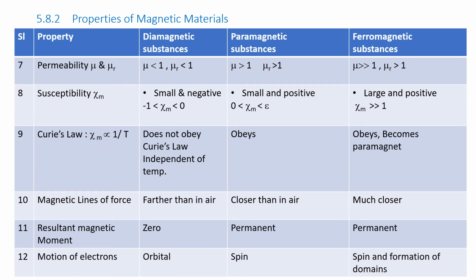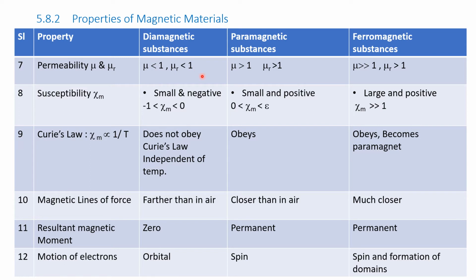Property number 7, permeability. We will see the absolute permeability and relative permeability of diamagnetic substances. The permeability of a diamagnetic substance is less than 1, and relative permeability is also less than 1.